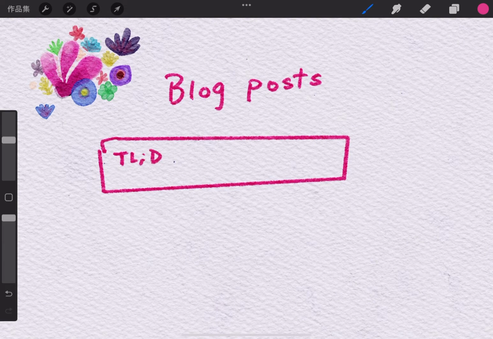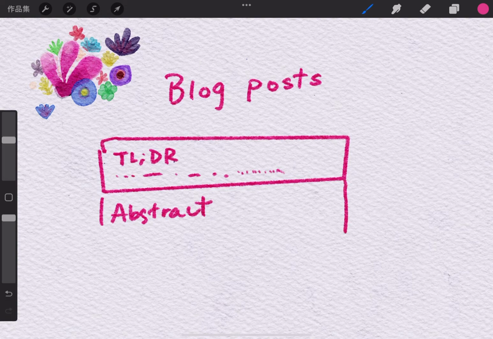It usually goes like this, and it's just a short paragraph summarizing the whole article for readers who just want the abstract of the whole thing.